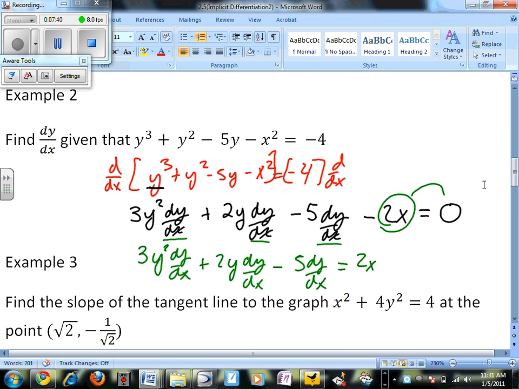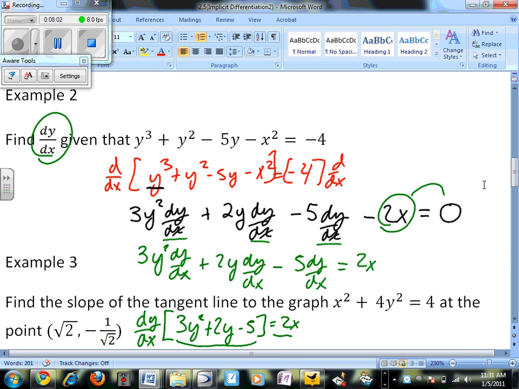Then it said factor out a dy dx, which leaves me with dy dx times 3y squared plus 2y minus 5 equals 2x. To solve for dy dx, we want to get it by itself, so we divide. So dy dx equals 2x over 3y squared plus 2y minus 5. And that's our answer.